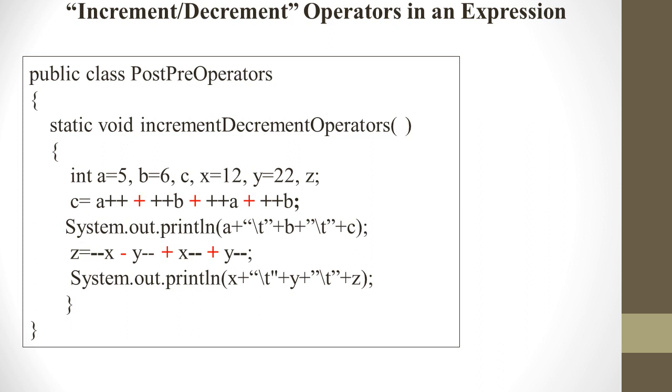Now I am declaring 6 variables of data type int: a, b, c, x, y and z, and I am assigning the value 5 in a, 6 in b, 12 in x, 22 in y.